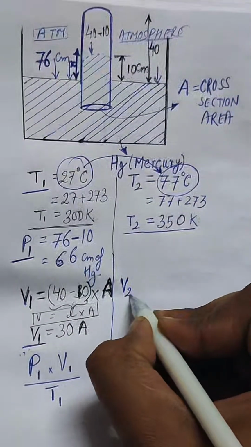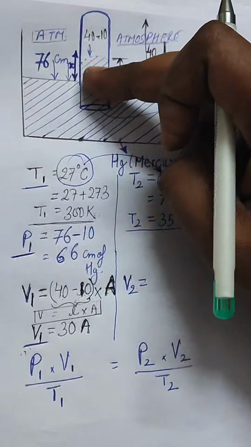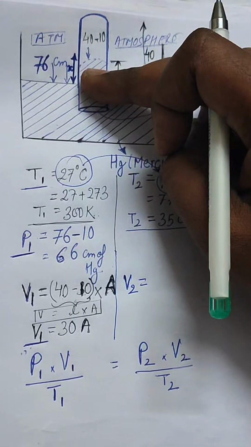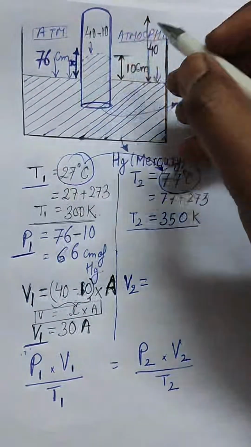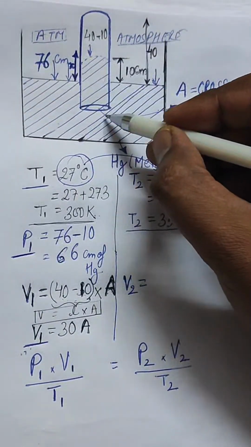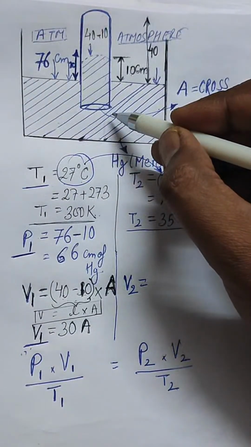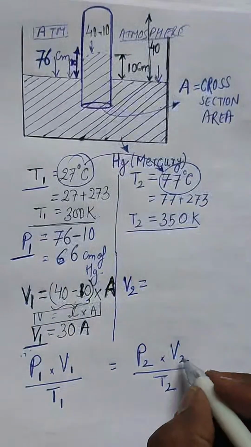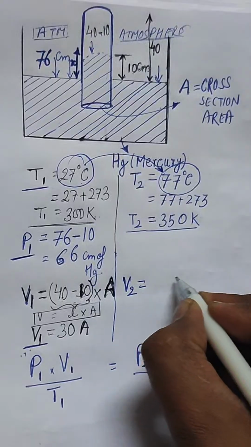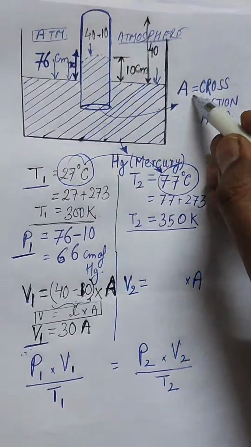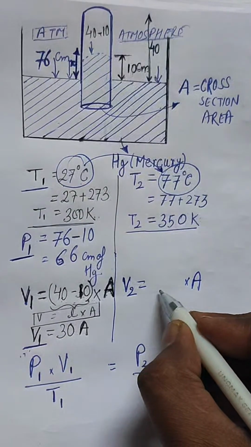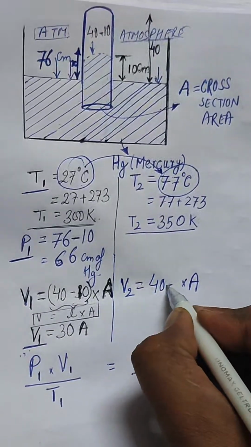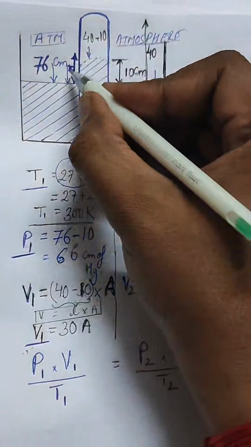So V2 will be, this x will be the level of mercury inside it. So the volume of the air over here will be A, the cross section area, multiplied by 40 minus x, because mercury is risen till x, right? So area will be simply A, multiplied by the length, which will give you the volume, and that will be 40 minus x.